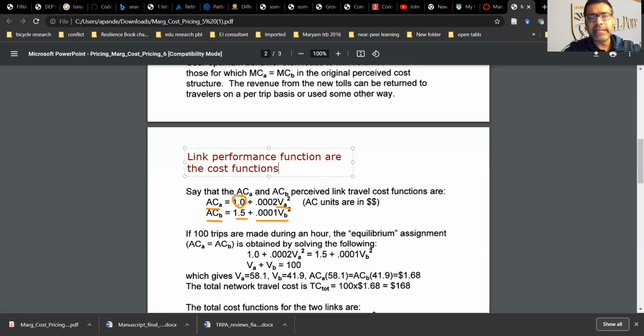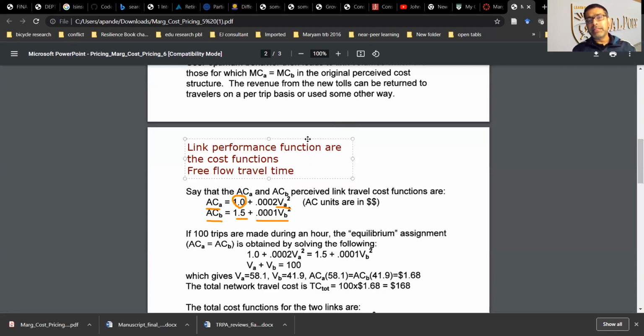So this 1.0 can be thought of as what we call, in traffic engineering or the traffic assignment problem, free flow travel time. That means that's the travel time you're going to incur even if the whole road is empty. This is the time you're going to take on the road.